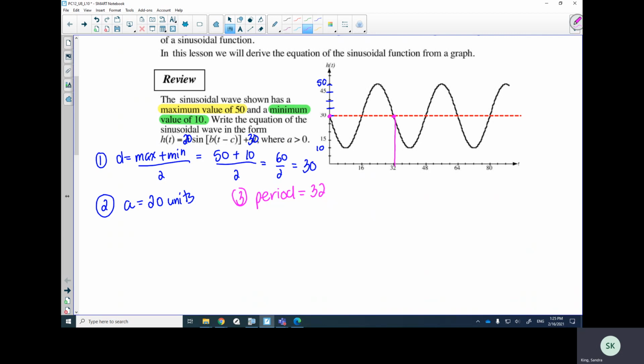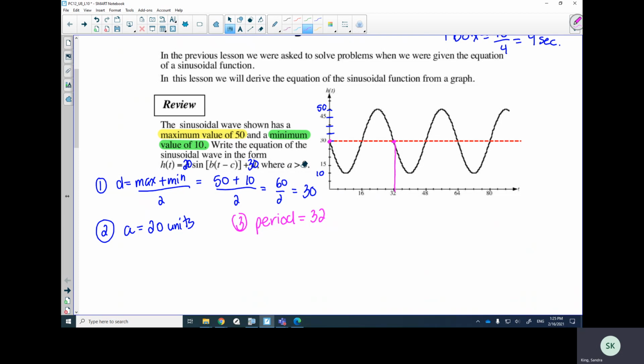Let's check peak to peak, and see if we get that same 32. So from this peak here, it's kind of hard to see. Do you agree that that would be 24? So that would be 24. If I go to the next peak, that would be, what would that be? 48, 52, 56.